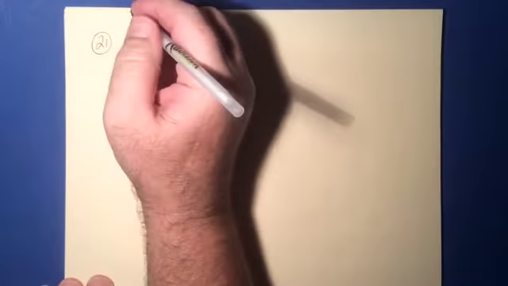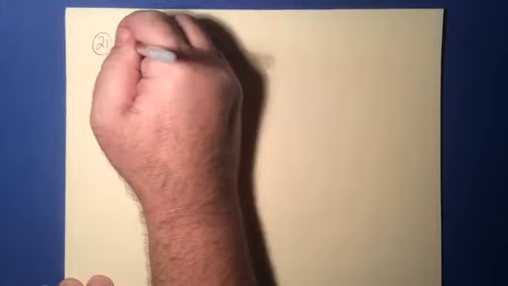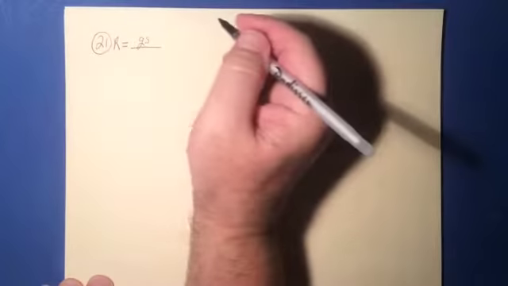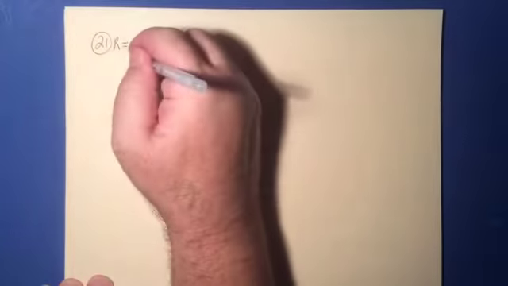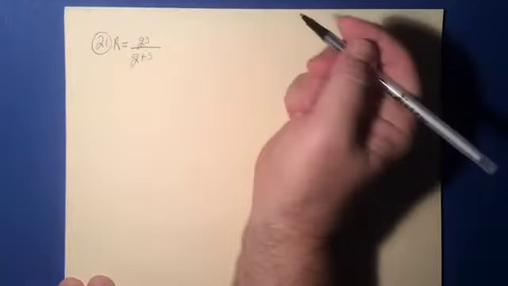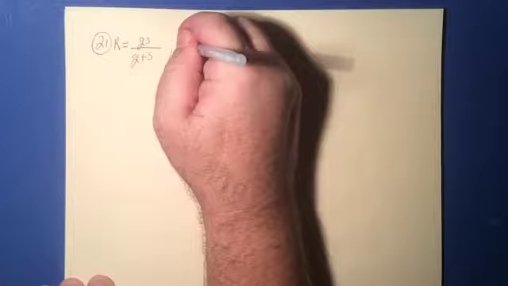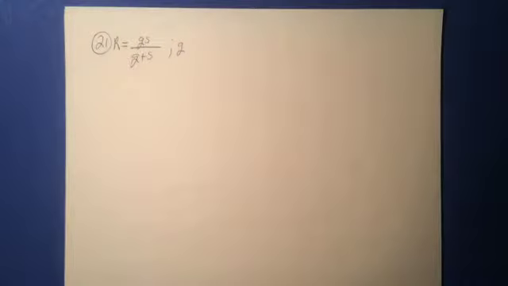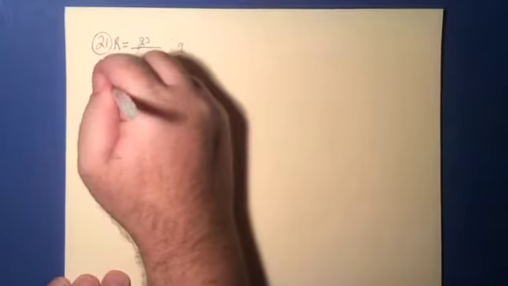So let's take a look next at 21. 21 is going to be R is equal to the quantity of G times S over G plus S. And in this problem we're asked to solve for G. So we're trying to get G by itself, so just like we did in question 19, let's go ahead and rewrite this again.